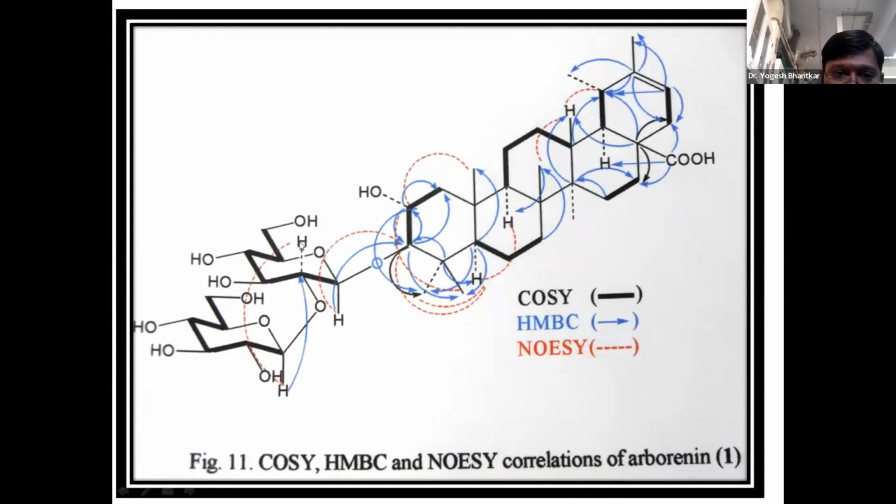This proton connected to this proton, this NOESY relationship, gives the connectivity of this molecule. How it is connected we can find with HMBC and NOESY.